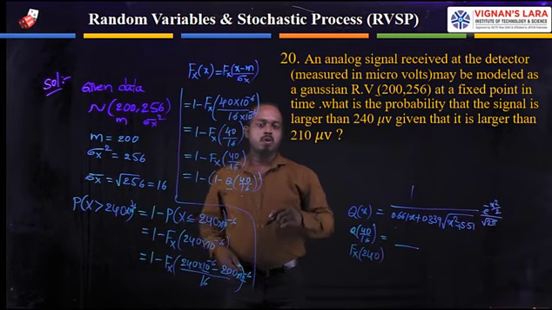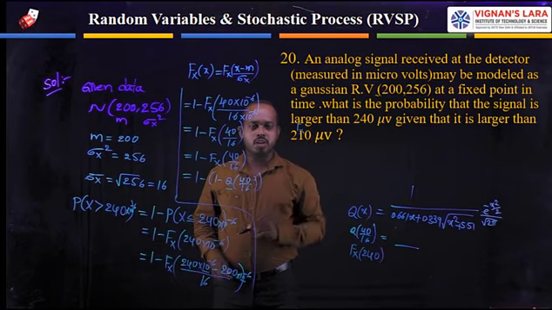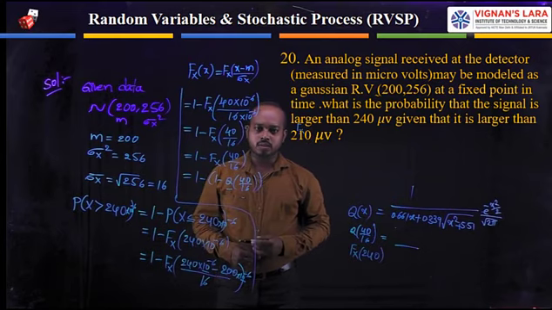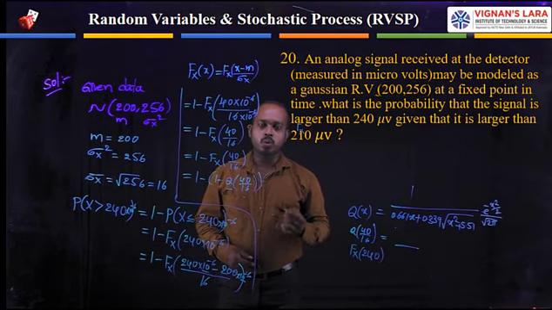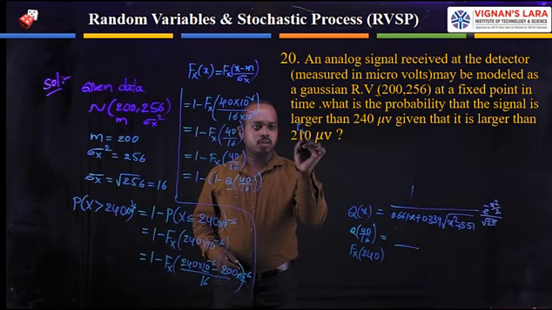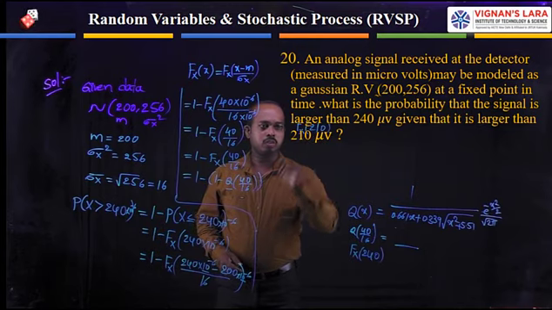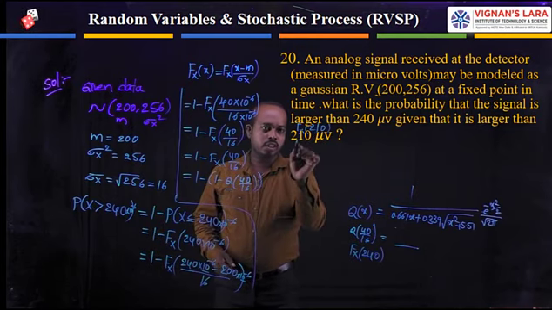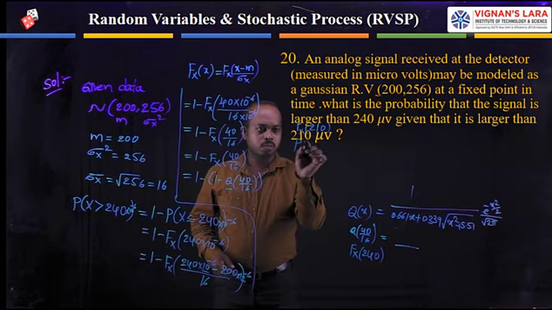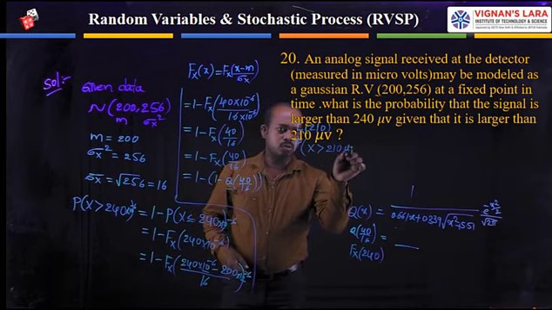Similarly, you can find the next quantity, where the value is greater than 210 microvolts. You find the distribution at 210. We write this quantity in terms of probability: the probability that X is greater than 210 microvolts.